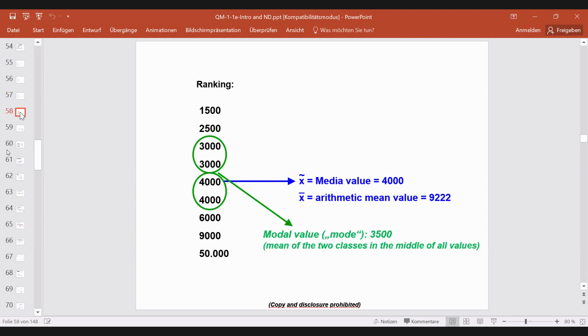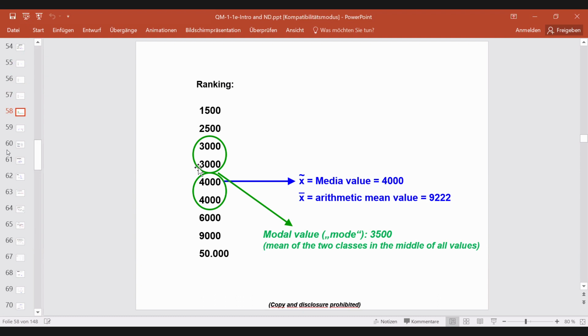And the third option is the modal value. Some call it mode. In the literature, sometimes it is called mode. And mode is the same as the modal value. And for this, you need the two inner classes.